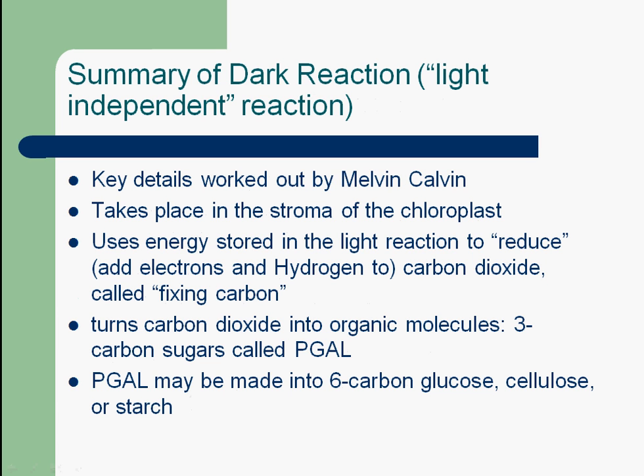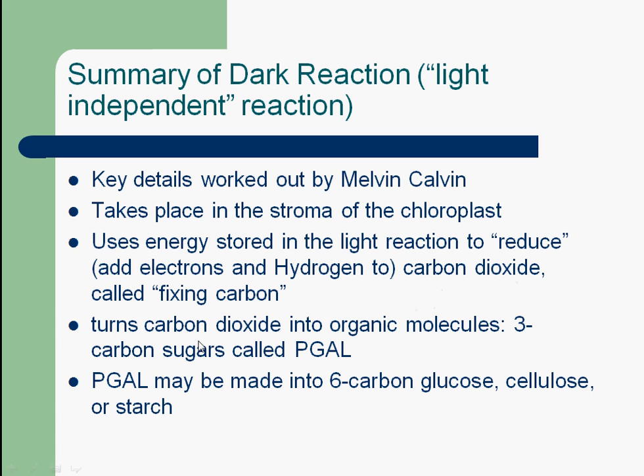The summary of the dark reactions, or the light-independent reactions: it takes place in the stroma, or the fluid that exists outside the thylakoid membranes. It uses energy that was stored in the light reactions to reduce, or add electrons and hydrogens to, carbon dioxide, and this is called carbon fixing.